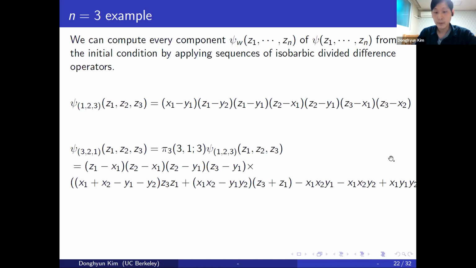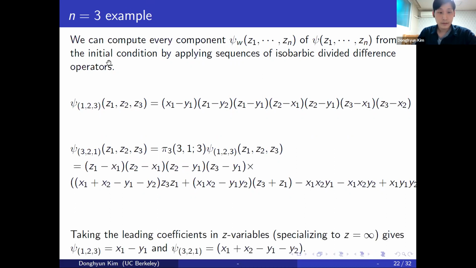And after the computation, this is the result. And 3 2 1 is the longest permutation, so we can get to any permutation. Let's take the leading coefficient. So the leading coefficient is here, in this case x_1 minus y_1.